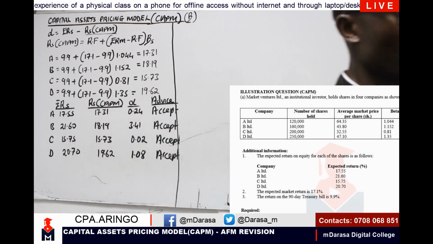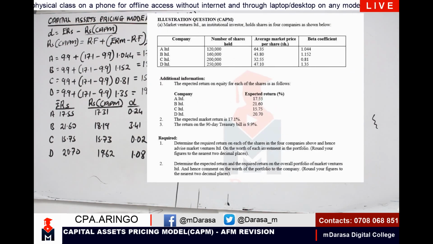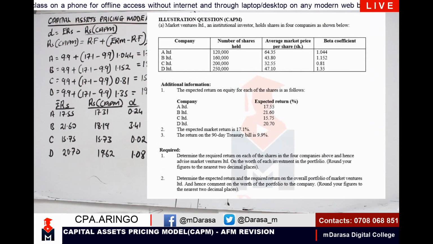This is what you are asked: determine the expected return and the required return on the overall portfolio of the Market Ventures Limited, and hence comment on the worth of the portfolio to the company.